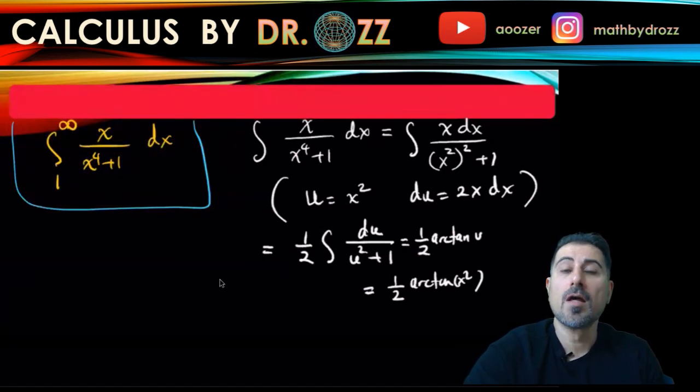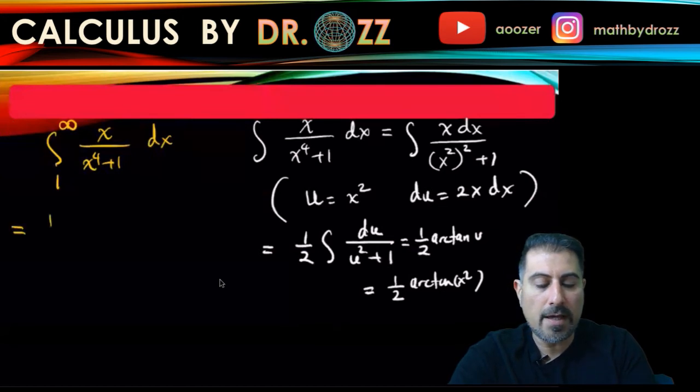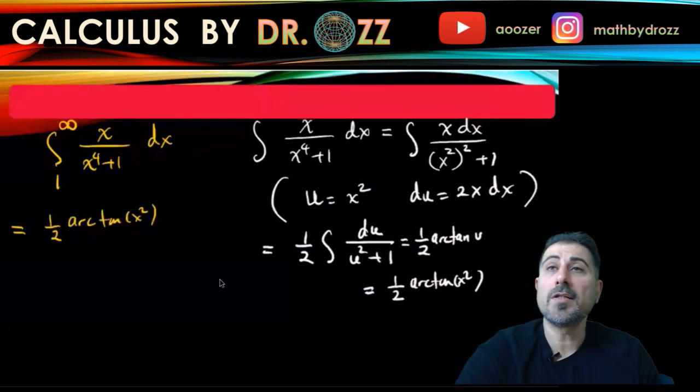Okay, so going back to this integral here. I have 1/2 arctan x squared, and I put the limits 1 and infinity, but the limit infinity is going to be taken in the limiting sense.